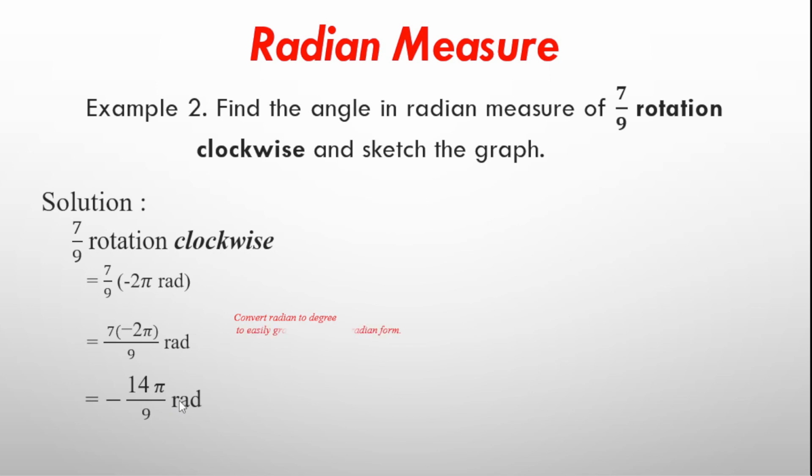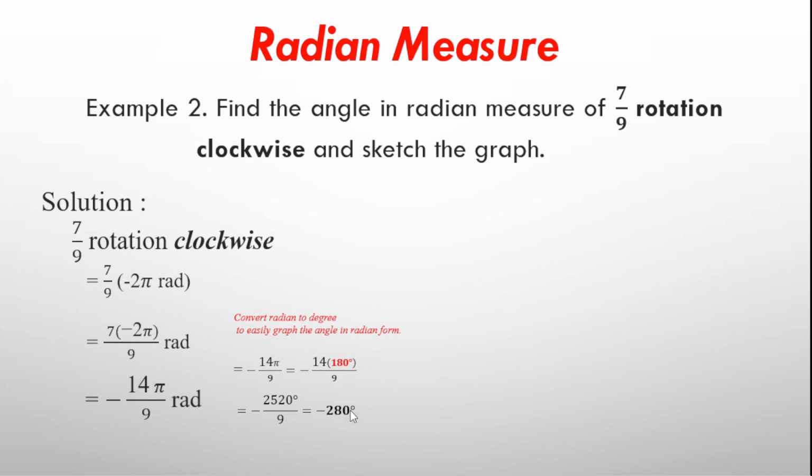And how are we going to sketch now the graph of the rotation? So first, from the radian, we are going to convert it into degrees so that we can easily graph now the angle. So we have now negative 14 pi over 9, substitute now pi with 180 degrees, so it becomes negative 14 times 180 degrees divided by 9 is equal to negative 2520 degrees divided by 9, and simplifying now, it is negative 280 degrees.